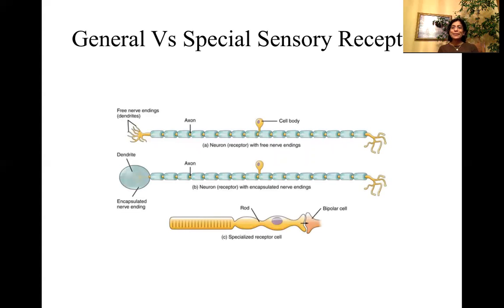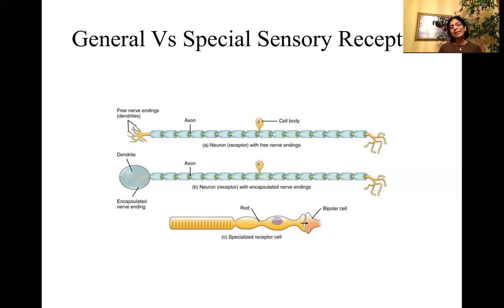Now, we will talk about the different types of sensory receptors. Classification of sensory receptors is really complex. There are so many different ways by which you can organize sensory receptors. If you see sensory receptors that detect just the changes outside the body, then you can call them exteroceptors.